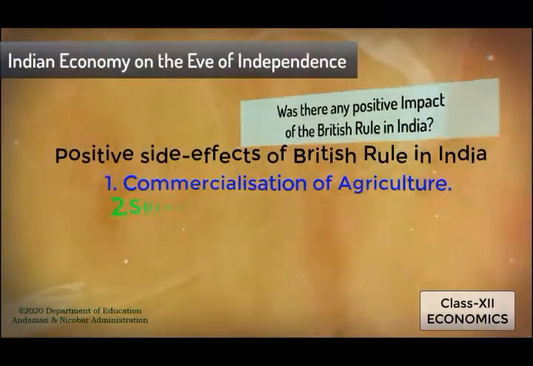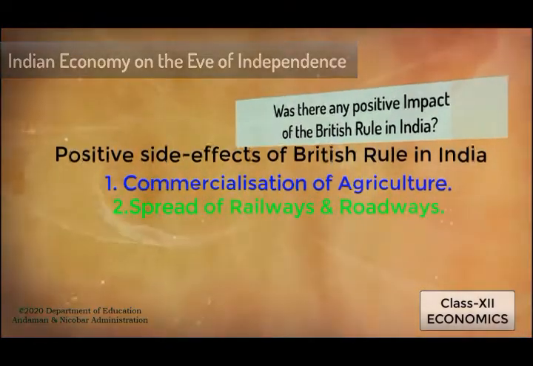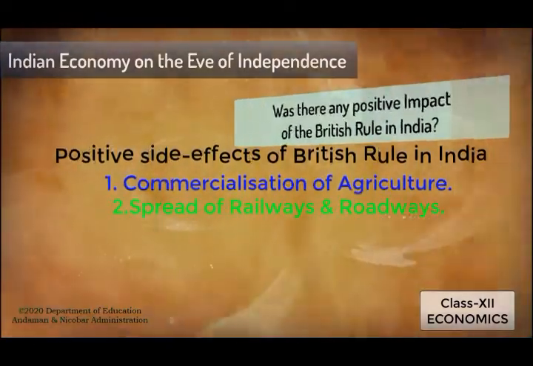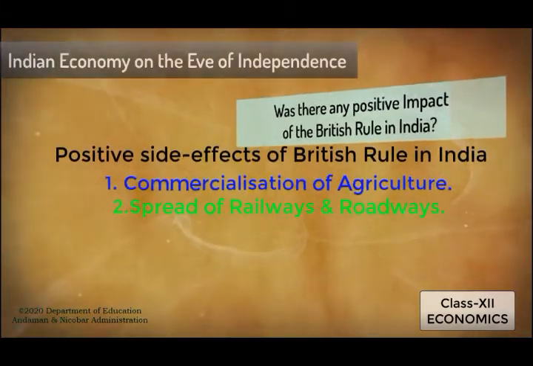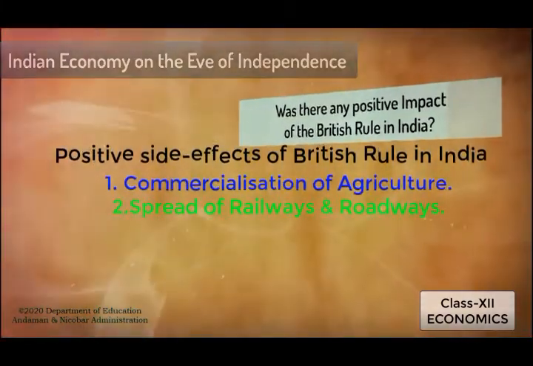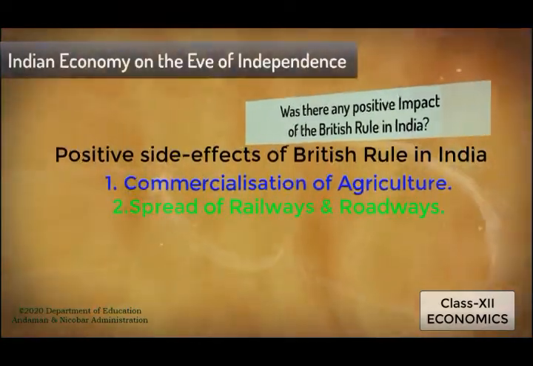Second one, the spread of railways and roadways. The spread of railways and roadways opened up new opportunities for economic and social growth. It also implied greater cultural affinity across different parts of the country.